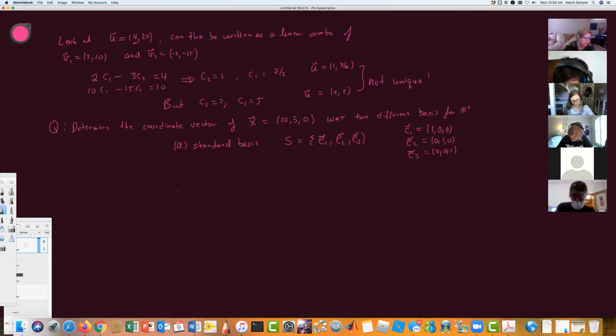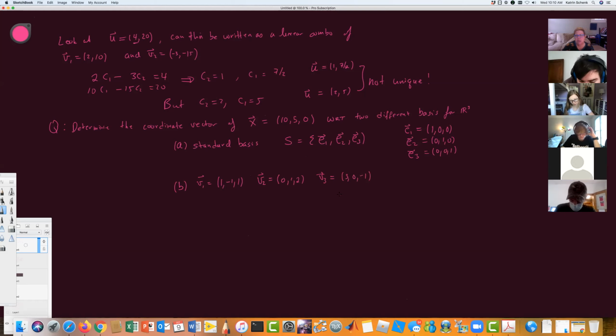And then with respect also to a second basis, which is v1 equal to 1, negative 1, 1, v2 equal to 0, 1, 2, and v3 equal to 3, 0, minus 1.